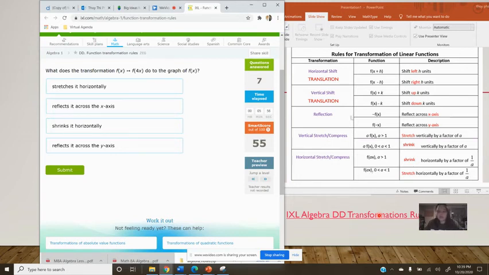If that number is greater than 1, we know that this is going to be a horizontal shrink, with a scale factor of 1/4. Here they just tell you the rule, but you don't have to do the scale factor. When we do the big ideas, there will be a scale factor. So this would be a horizontal shrink.